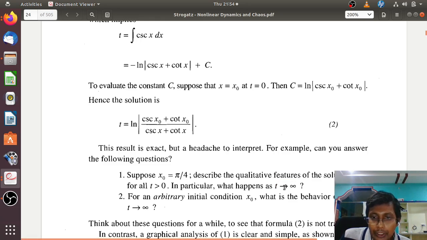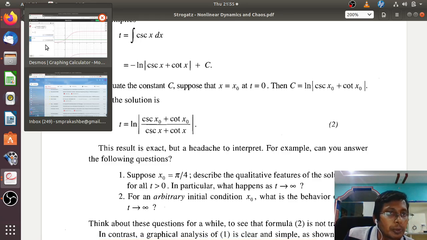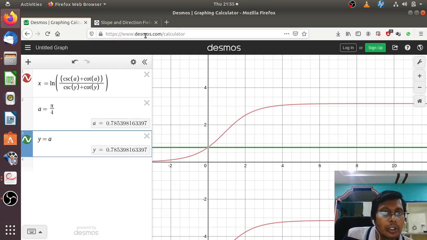If t goes to infinity, what will happen to x? In order to identify this, we are going to plot this equation. To plot this equation I am going to use Desmos, an online graph plotter.